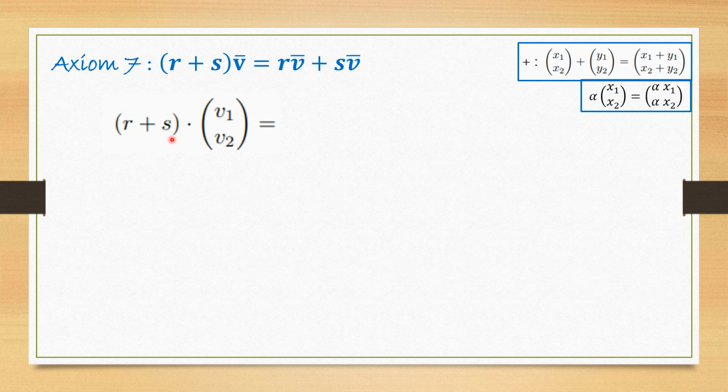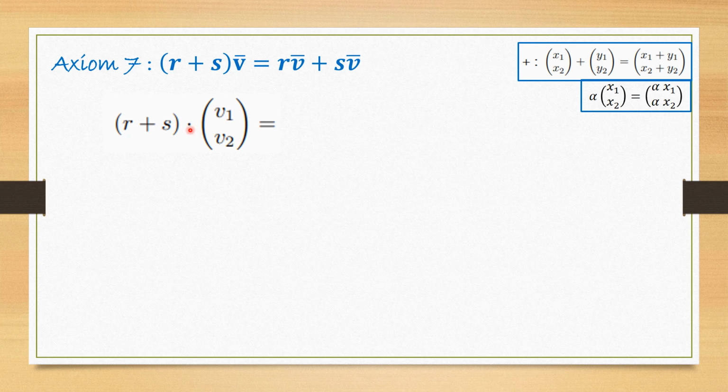(r plus s) times (v1, v2). r, s are scalars. This dot is not the dot product. Some authors will use dot explicitly to denote the scalar operation defined in the vector space. So this dot can be shown explicitly or we can write without this dot also.